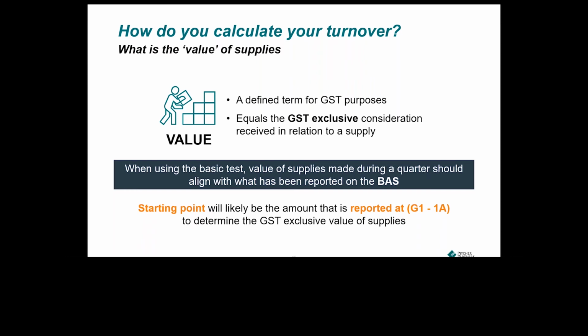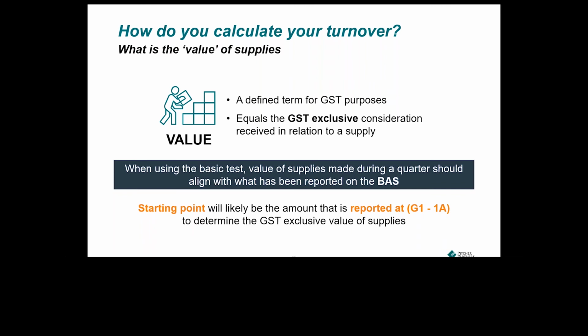So when you're using the basic JobKeeper decline in turnover test, the value of the supplies that have been made during the relevant quarter should, theoretically at least, align with what has been reported on your business activity statement for that quarter, or in the 3 months of that quarter if you need to report and lodge your BAS on a monthly basis.